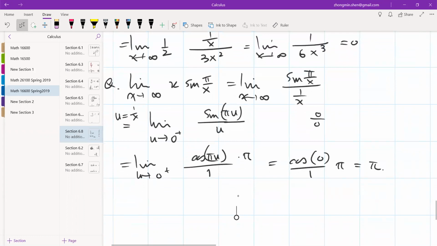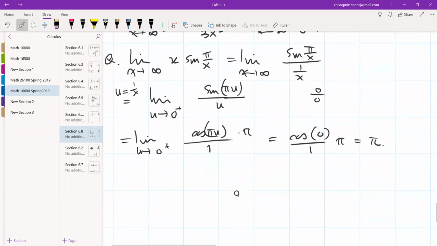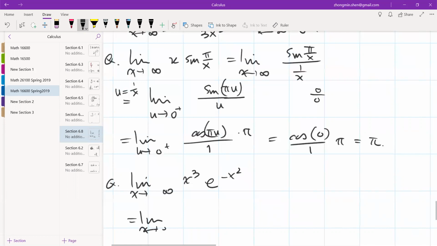All right. There's a similar argument for the next problem. e to the negative x squared. Okay, this is still a product, right? Product. So first, you have to express it as a quotient.